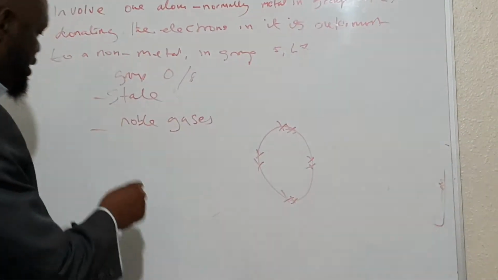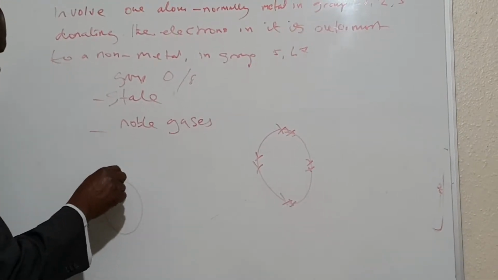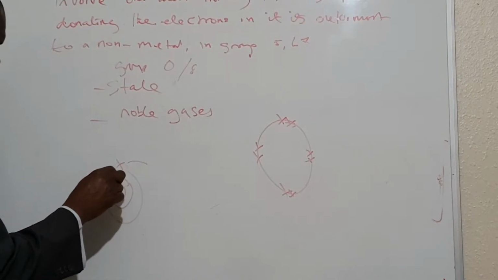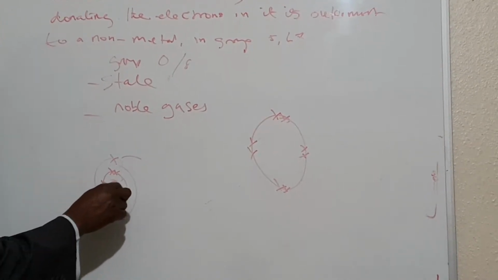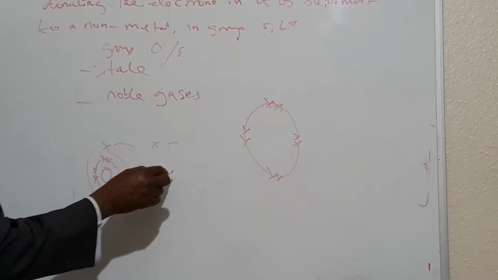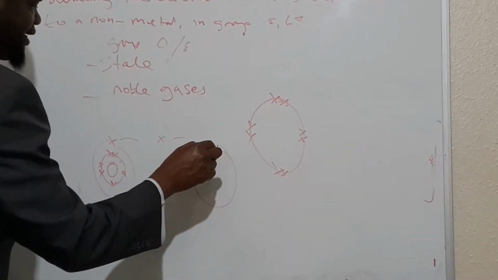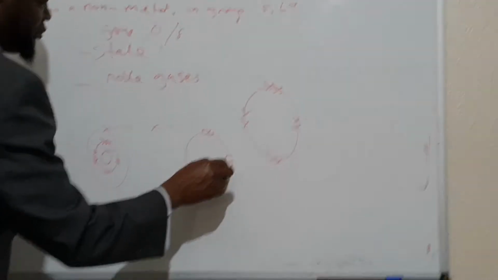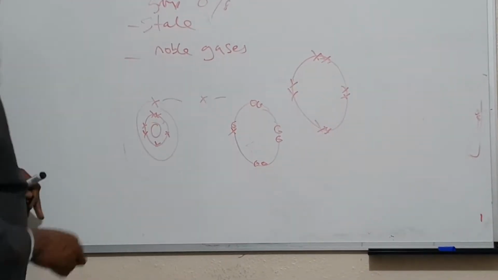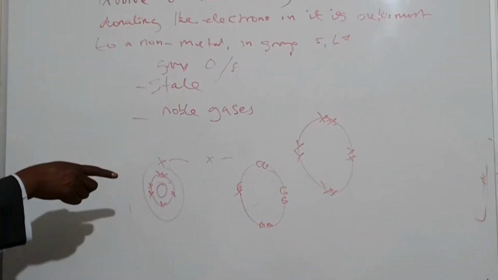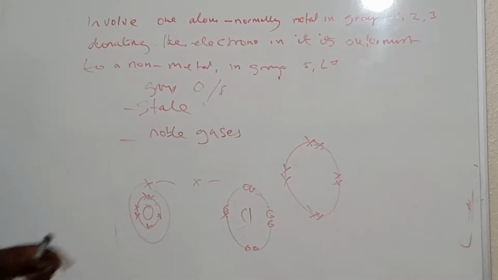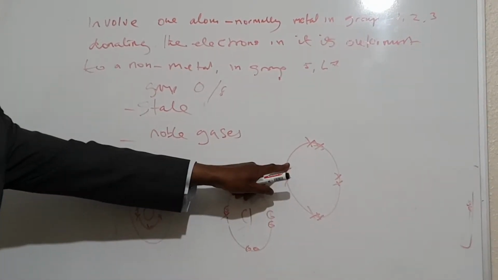So all these other metals and non-metals, when they give or receive, they become noble gas configuration. Like sodium: if sodium has 1 electron in the outermost cell and it donates it, it has 8 in the L cell. If it donates 1 electron to chlorine, which has 7, chlorine will have 8, meaning it has a noble gas configuration.